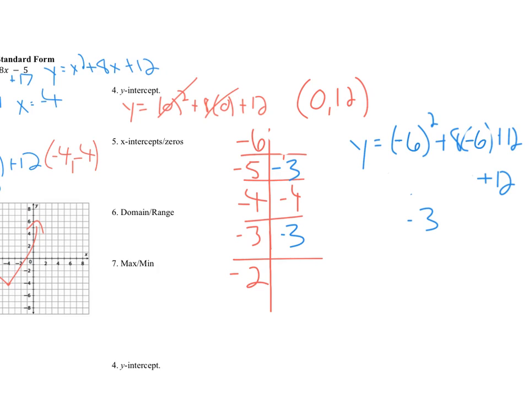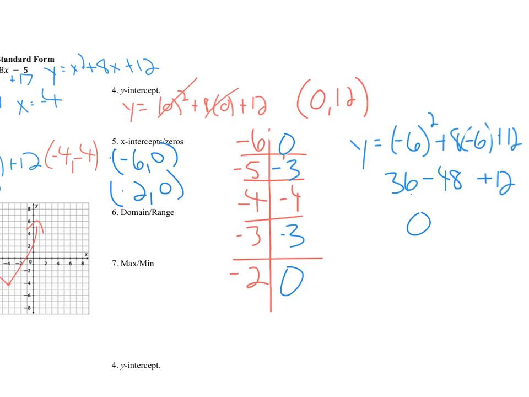So negative 6 squared is 36. 8 times negative 6 is a negative 48. And when we add that together, that now gives us 0. And then we're mirrored. So then our x-intercepts are going to be at negative 6, 0, and negative 2, 0.